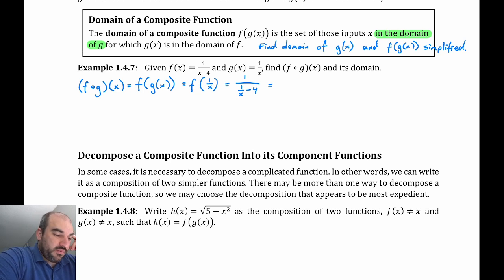Continuing along, we should probably simplify this a little bit. Easiest way to simplify this would be to multiply the whole numerator and the whole denominator by x, because we have fractions within fractions and we don't really want fractions within fractions. So we'll have x over 1 minus 4x when we do that product.